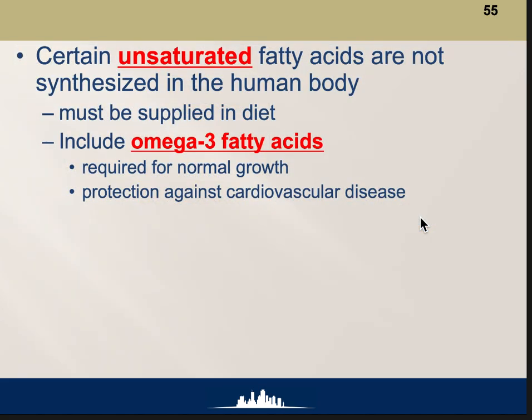So we do have certain unsaturated fatty acids that are not synthesized or not made in the human body. So we do know that we must have some supplied in our diet, and it must be included omega-3 fatty acids to help protect against cardiovascular disease.